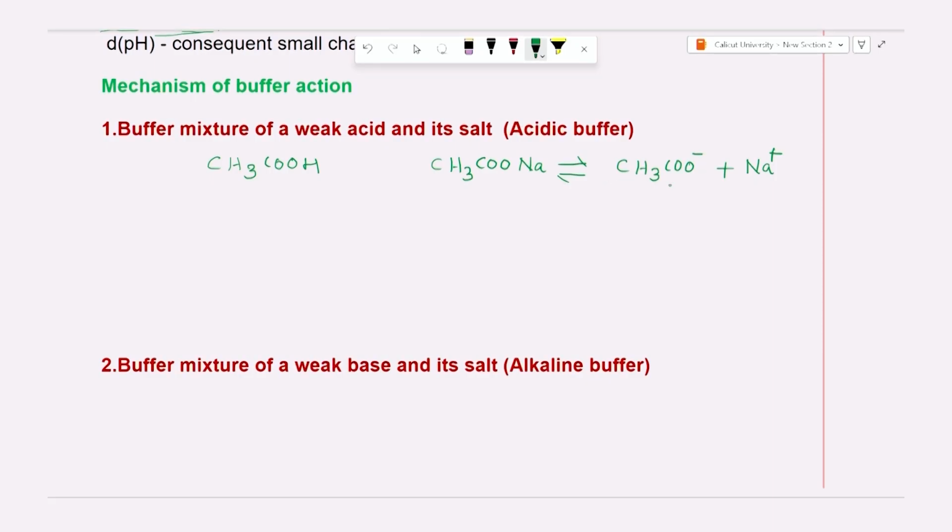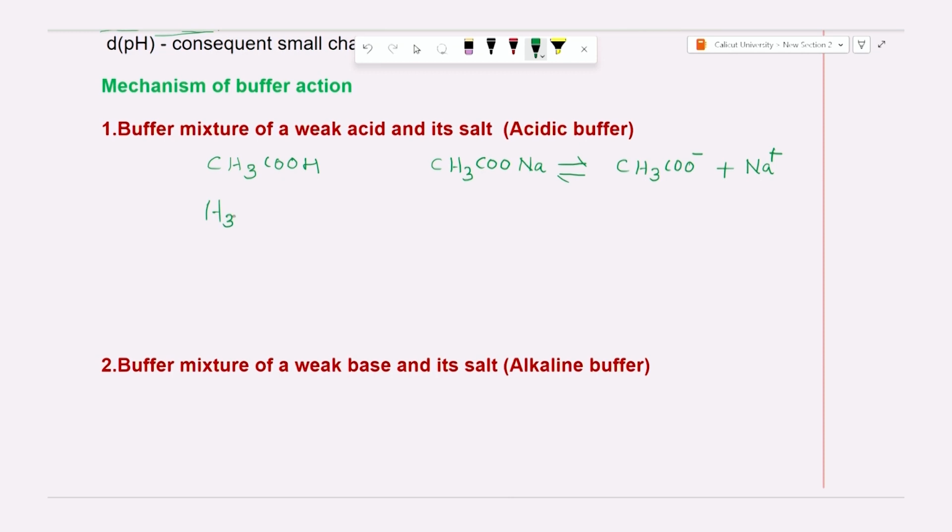It will have acetate ions and sodium ions. In addition to that, undissociated sodium acetate and acetic acid will be present in the mixture. Now, suppose I am going to add an acid, H3O plus. What happens here is H3O plus, which is acidic, will react with something basic in nature.